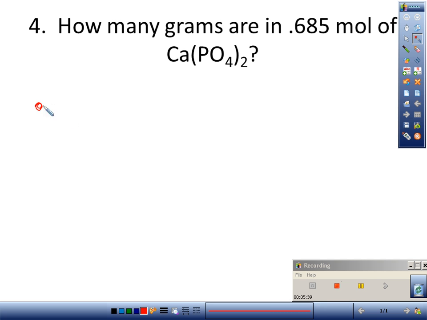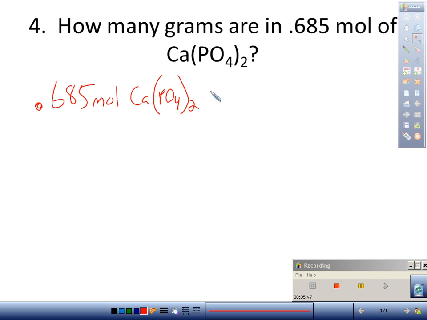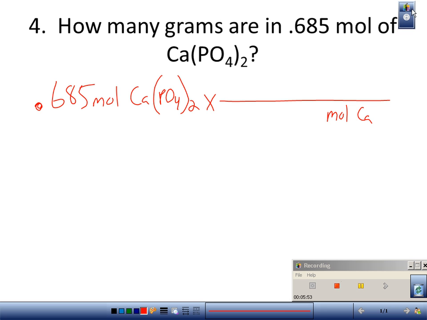I'm going to start off by writing my given. I'm looking for grams, so I'll put that on top.